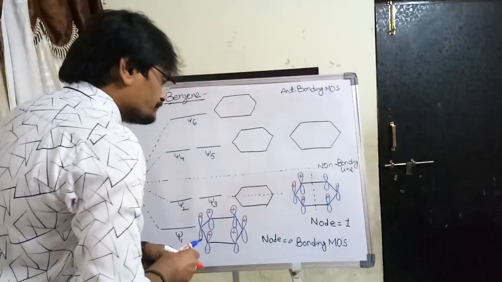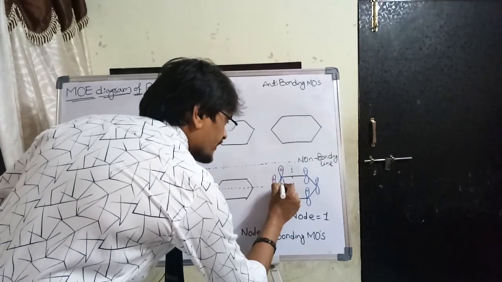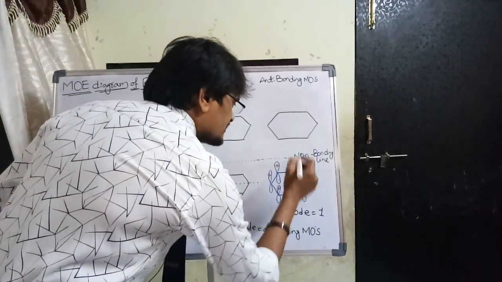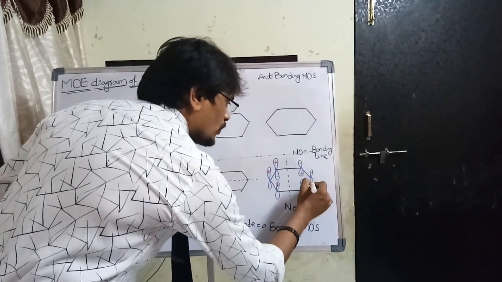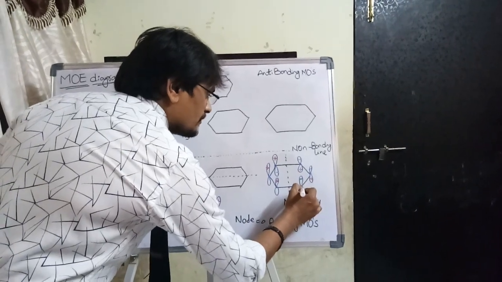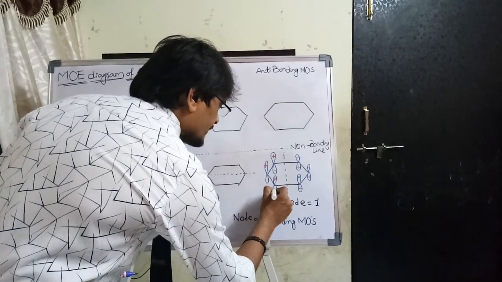Since the upper lobe is positive, the lower lobe is negative. Since the upper lobe is negative, the lower lobe is positive. Since the upper lobe is positive, the lower lobe is negative.